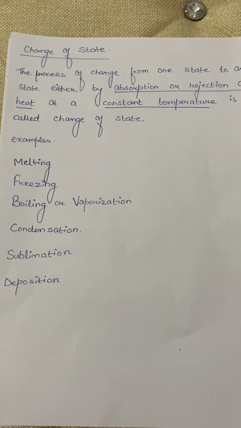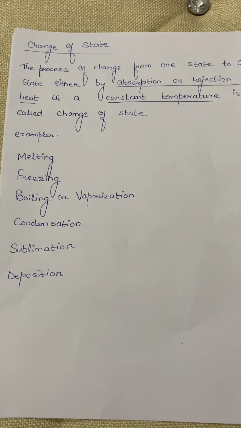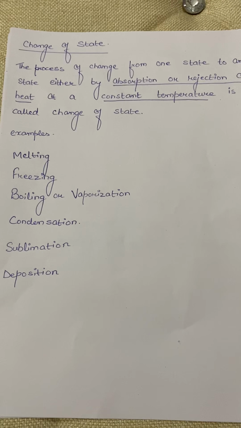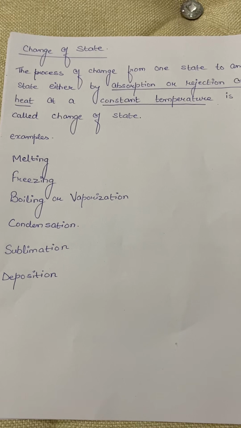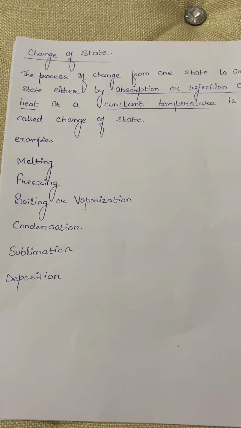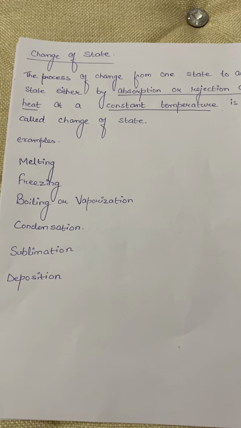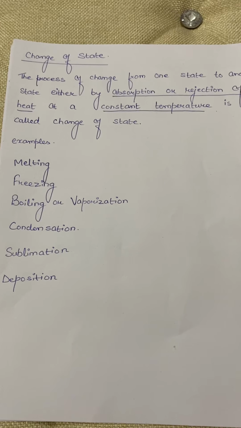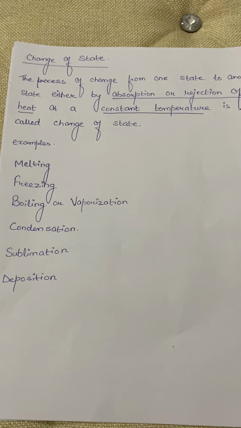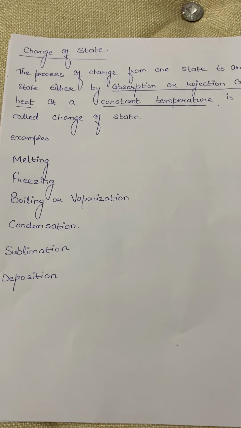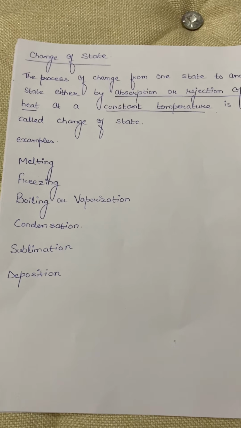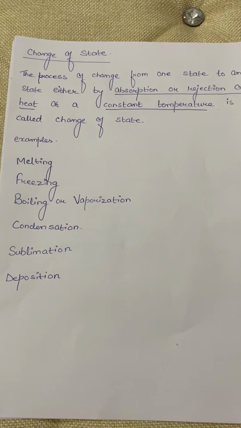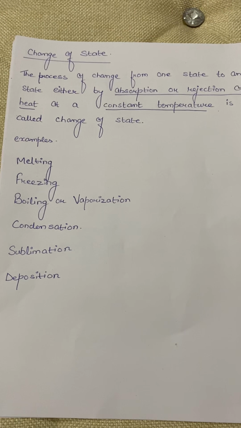Now, there's one more process which can take place during the change of a state, and that is when the change of solid directly into a gaseous state or the change of gaseous state directly into a solid state takes place. In some cases, a very famous example is that of camphor and iodine.